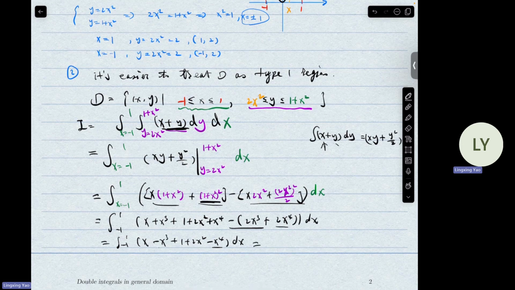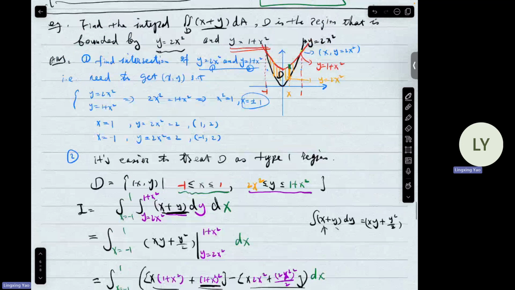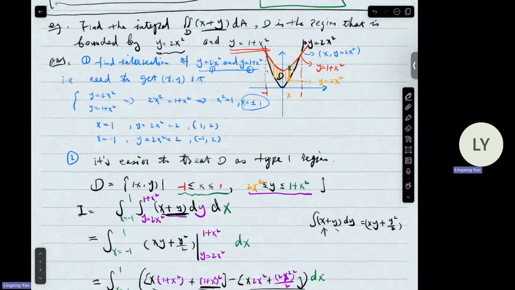We don't have to compute it, I think, because our main point is to look at the domain. How do we find the domain? Here we use the graphic illustration that helps us identify where the domain of integration is. And there's one trick we used, which is to find the points of intersection of those two curves.